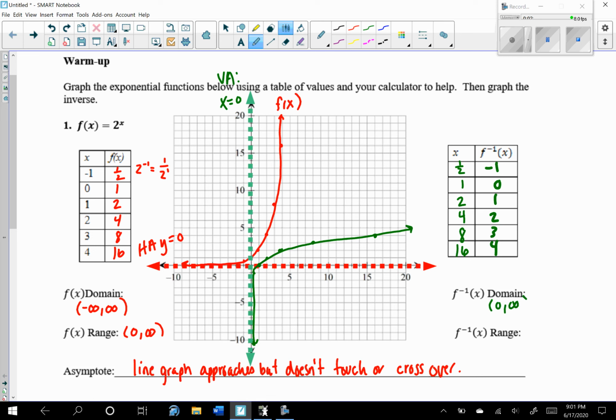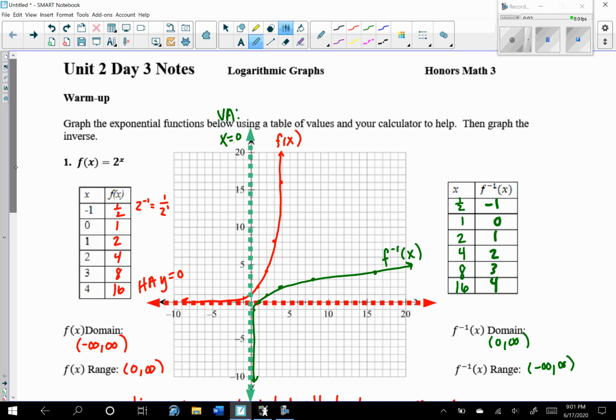We cannot take the log of a number that is 0 or negative, because remember that this inverse, as we've talked about before, is actually a logarithmic graph. The domain from our original function becomes the range, which you can see on the graph of our inverse.